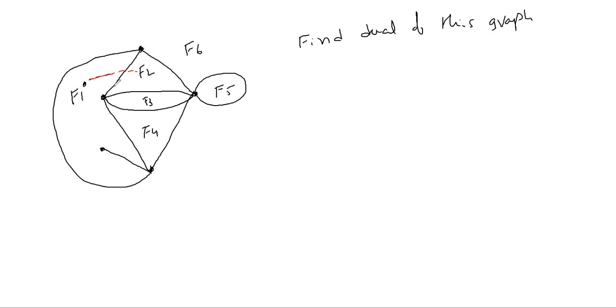Okay. Next, F2, F3 separated by one common edge, so draw one dotted line. Next, F3, F4 separated by one common edge. Draw one dotted line. Next, F2, F6 separated by one common edge.